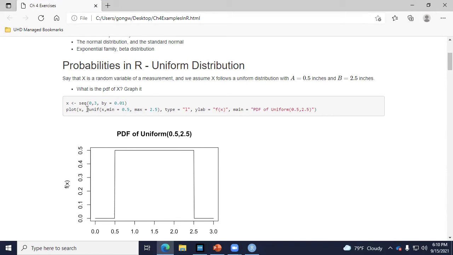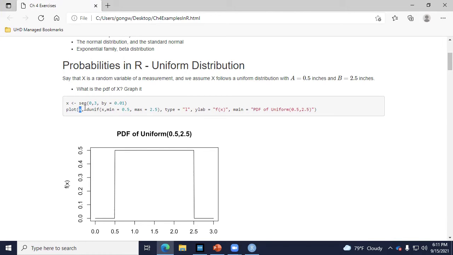And I get dunif, which is the density, the PDF for this uniform distribution. I need to specify what is the min and what is the max. So min is the A value and the max is the B value. This is how you get the PDF values corresponding to each of these X, right?